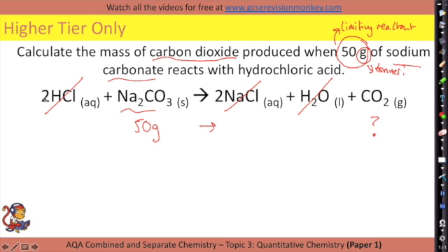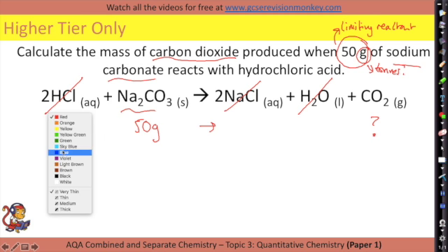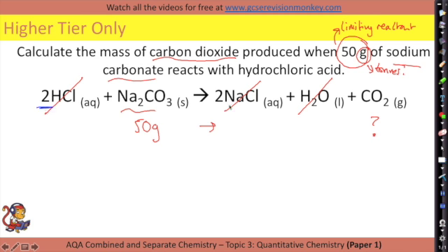First thing to do is make sure the equation is balanced, and we can just check here. We can see that it's already been balanced. So there's going to be 1 mole of sodium carbonate and 1 mole of carbon dioxide. So if we use the periodic table, the relative atomic mass of sodium is 23, and there's 2 lots of those. Add that to carbon, which is 12, and add that to 3 lots of oxygen, which is 16.